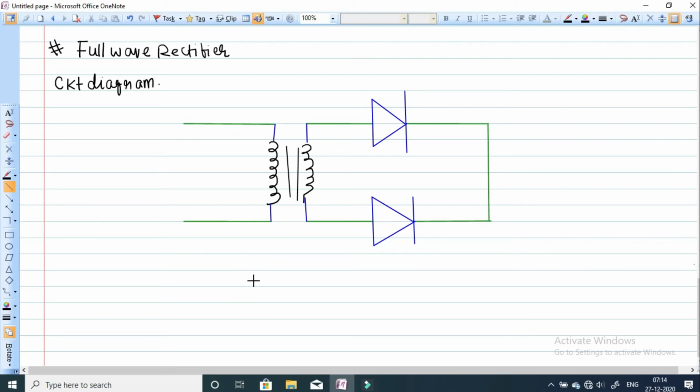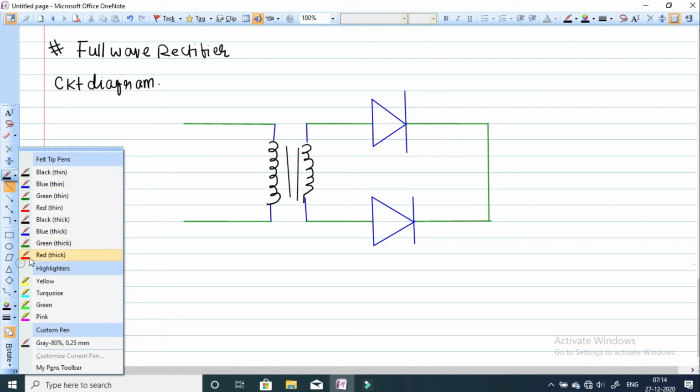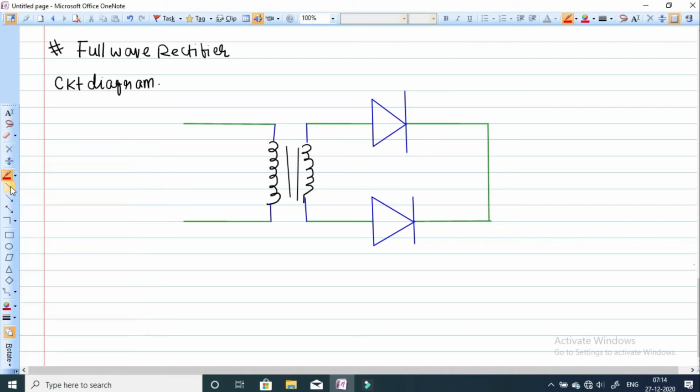Now it is basically a center tapped full wave rectifier, so its center will be tapped. It is a center tapped full wave rectifier.